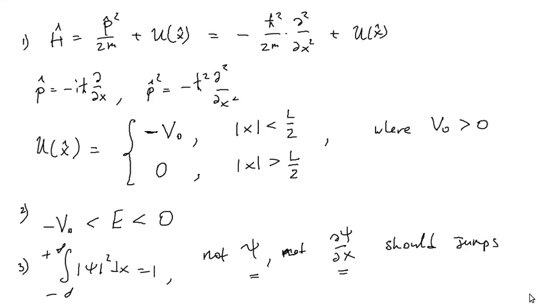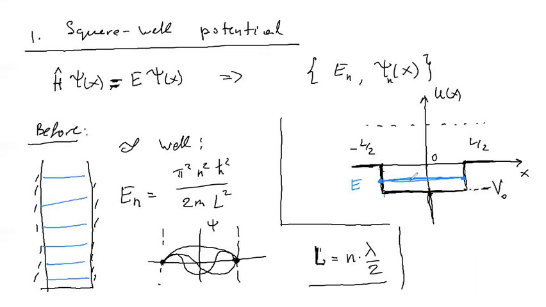Maybe one more thing. Because I have symmetry, I'm going to borrow an idea from the previous solution. I'm going to split my solution into symmetric and antisymmetric. This can be proved, that you can do this. So this is symmetric: you see the left side is the same as the right side.